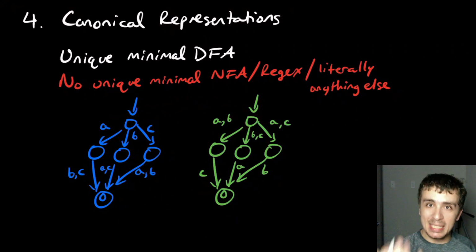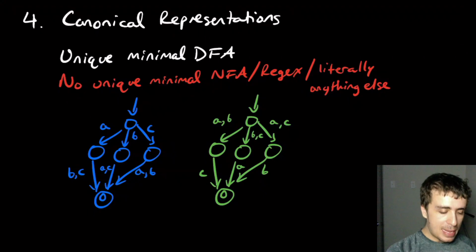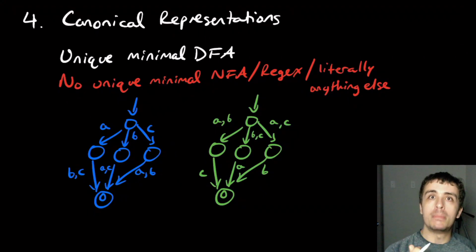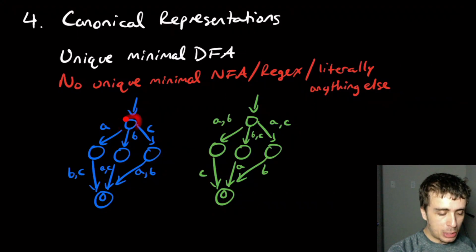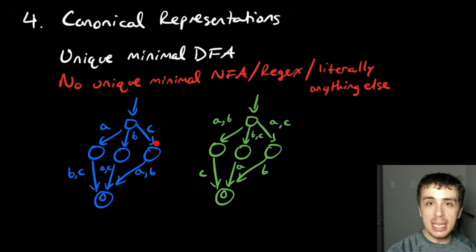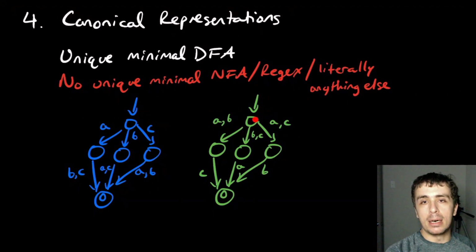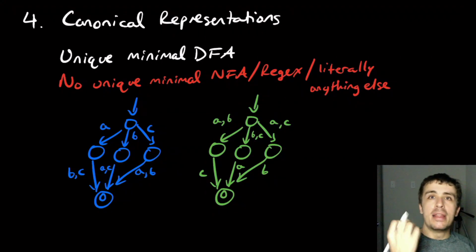They compute exactly the same thing, and they are both minimal in terms of number of states, but they're not the same, because the start state right here has a single A, single B, single C coming out of it, whereas up here it has two transitions for an A and two transitions for B, two transitions for C.